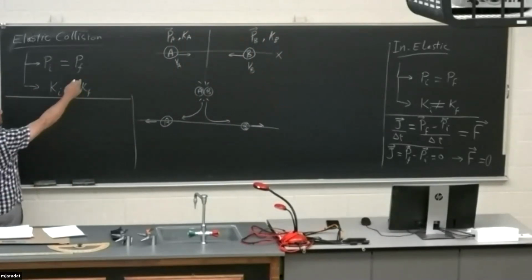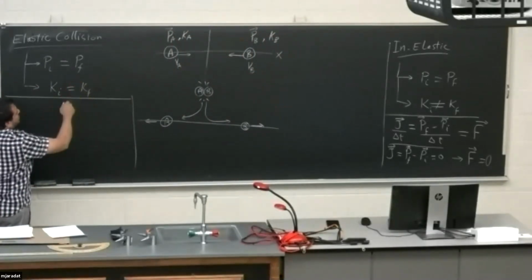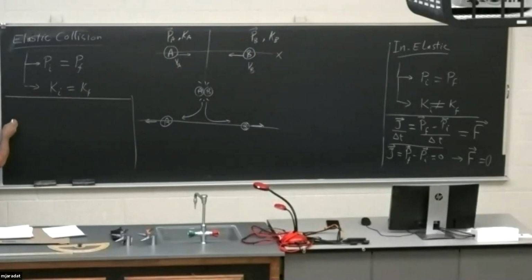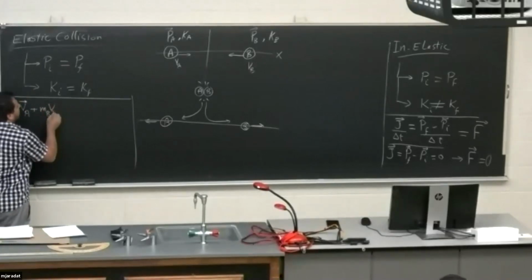Okay, what we need to write for the first one? The momentum conservation. It's MA multiplied by VA initial. It is in the x direction. I need to put a vector. Plus MB, I will make it now more difficult for you, multiplied by the velocity of B initially.